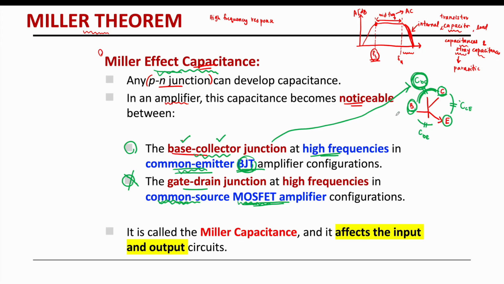Since it appears at the base and the collector, and from the BJT knowledge we have learned, base is our input and collector is our output, therefore the Miller capacitance has an effect on the input and output circuit, between the input terminal and output terminal of the BJT.